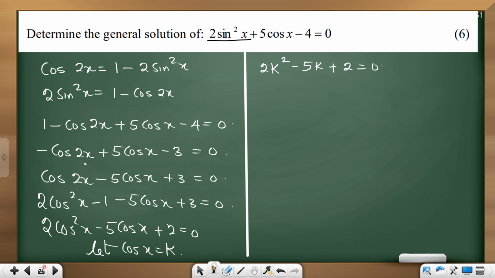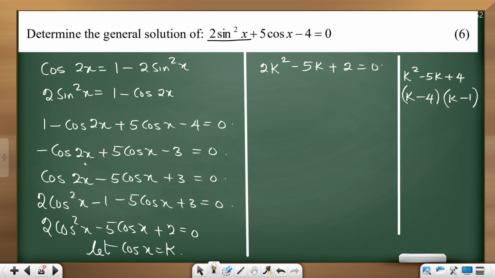I'm sure we can all factorize. Let's revise. You know how I do mine? I multiply the first and the last. What do I get? k squared minus 5k plus 4. You remember this method? Can we factorize this? This is very easy. k minus 4, k minus 1.